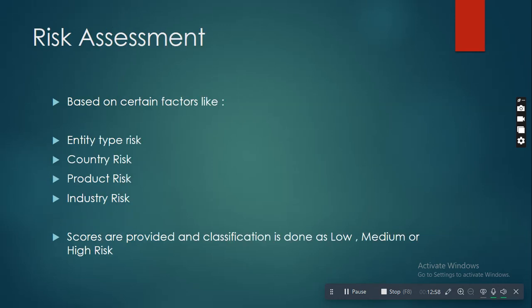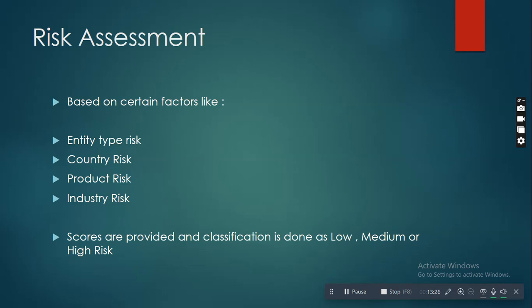Now, the risk assessment phase. Till now we have done screening, identified the beneficial owner and the associated parties, and collected documents. Now we know who the customer or client is, what their nature of business is, what the declared income is, and the source of wealth and source of funds.